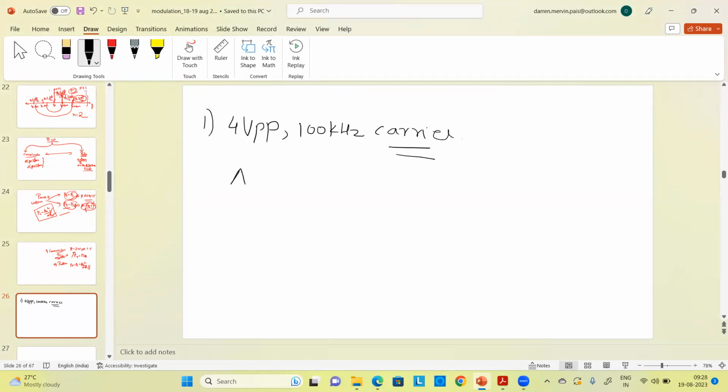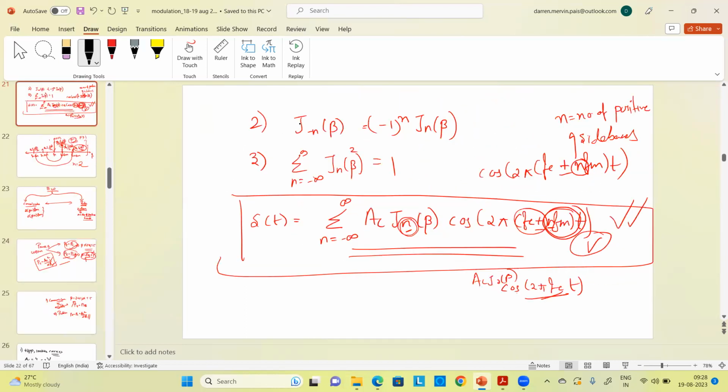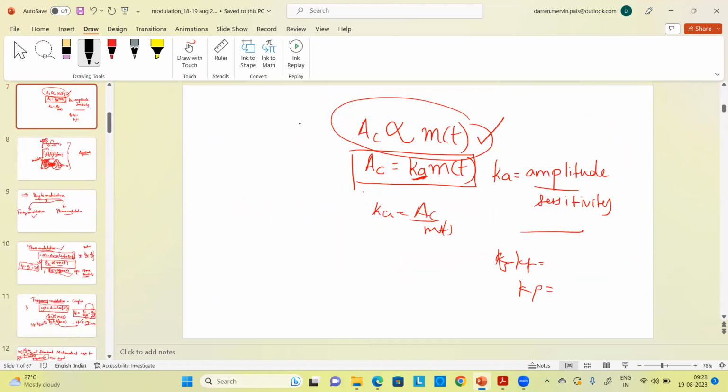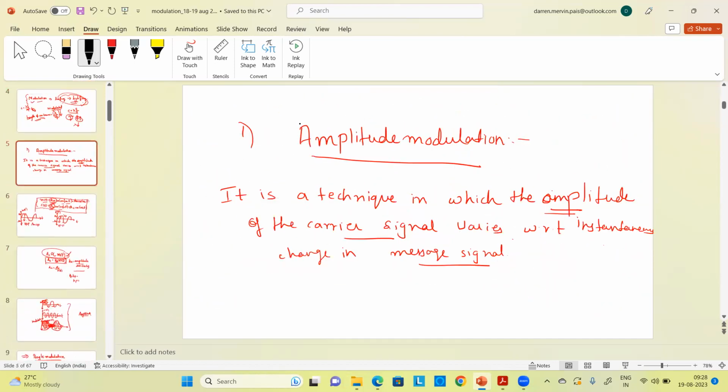So AC is going to be 4 by 2, which is equal to 2 volts. Why? Because I told you very clearly, AC is just the peak value. So 2 is the V peak, the peak value, not the peak to peak.